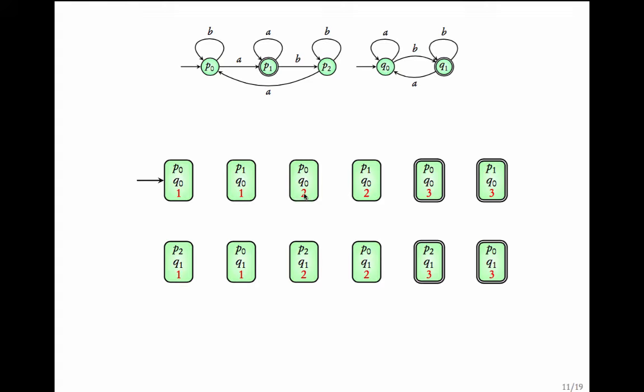In fact, they would have already seen an accepting state of the first component, and now they are waiting to see an accepting state of the second component. The ones with flag 3 tell you that accepting states of both the components have been seen.